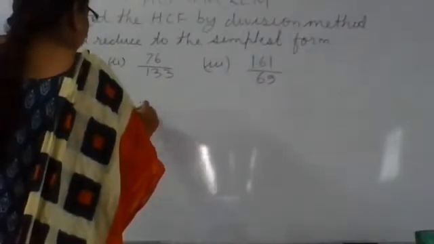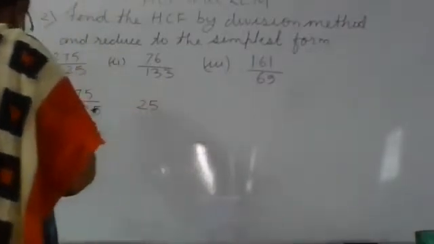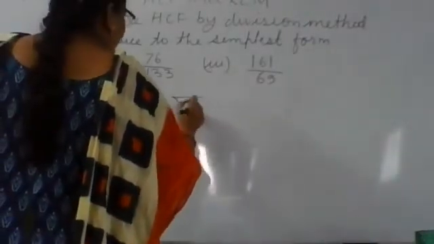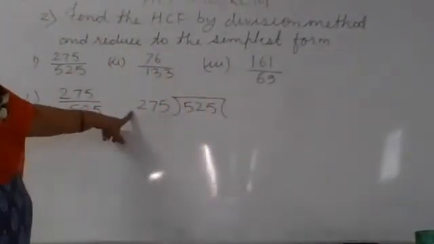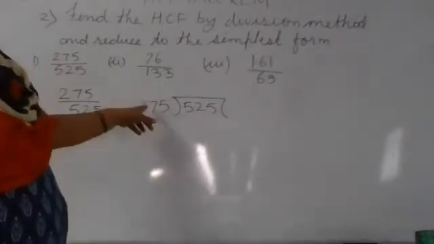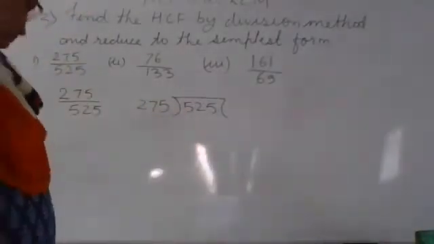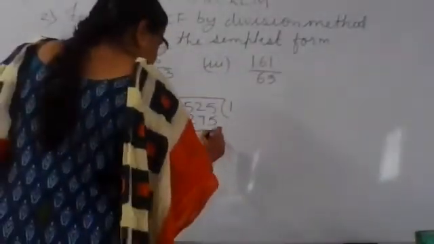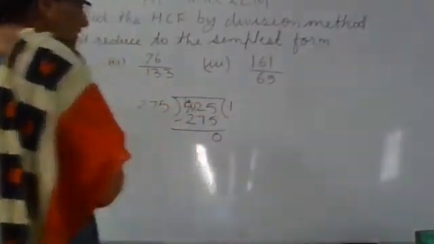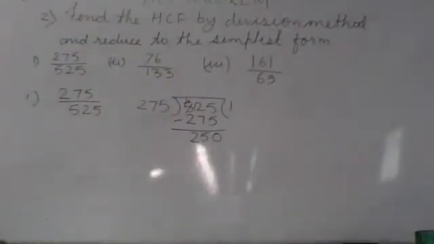Here 275 is less than 525, so we take 275 ones are 275. Now subtract: 5 minus 5, 0. 12 minus 7, 5. And 4 minus 2, 2. We get 250.